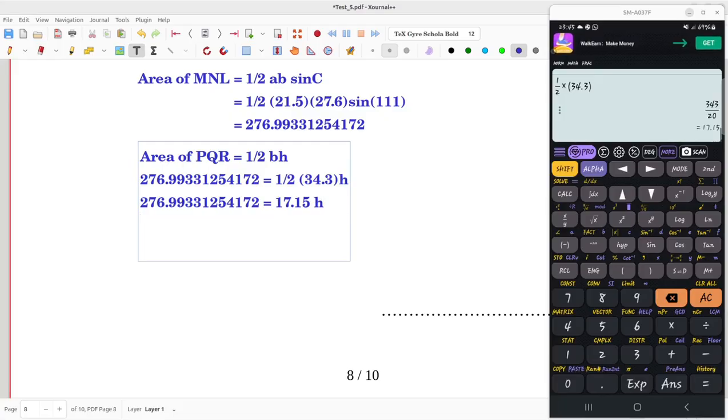Then divide both sides by 17.15. You are going to get that this is over 17.15.